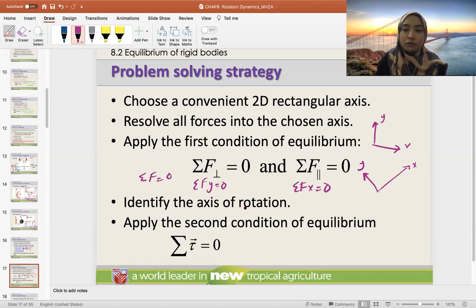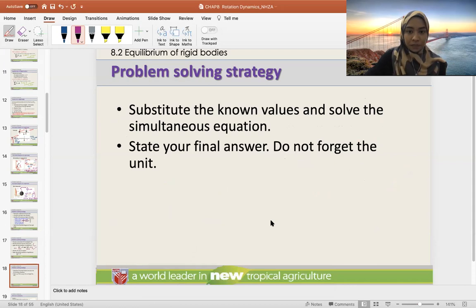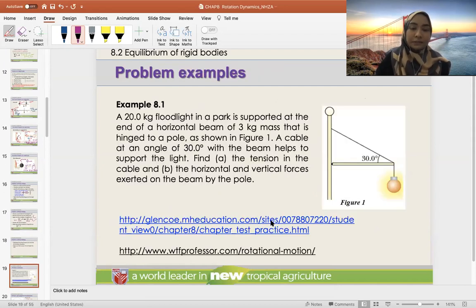Identify the axis of rotation. So we talked about this. Then apply the second condition of equilibrium, which is net torque equals to 0. Okay. Substitute the known values and solve for simultaneous equation. State your final answer. Do not forget units, because you will be deducted by 1 mark for each answer.